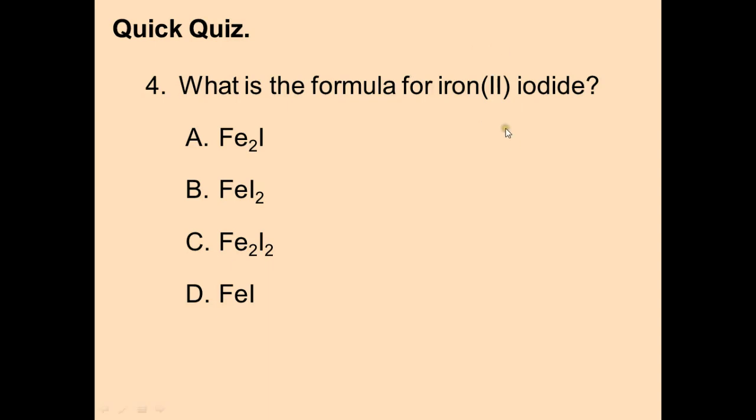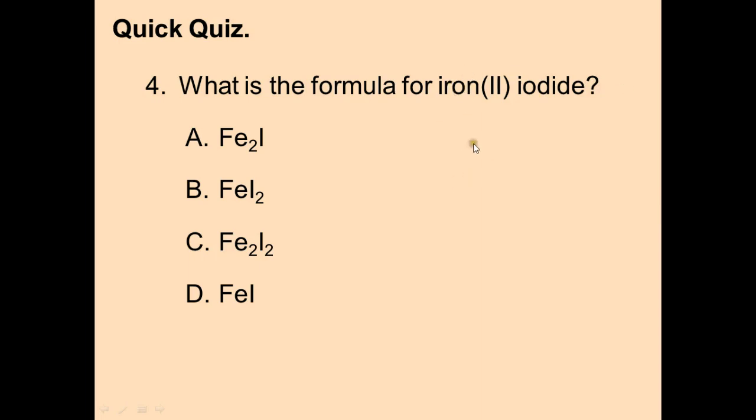And what is the formula for iron 2 iodide? What are the steps to write the formula? First we write the symbols, so Fe and I. Then we find the charges. Iron, it has to tell us because it's a transition metal, so it has a charge of 2. And iodine, or iodide in this case, has a charge of 1 minus, because it needs to gain 1 electron. And so we cross the charges.